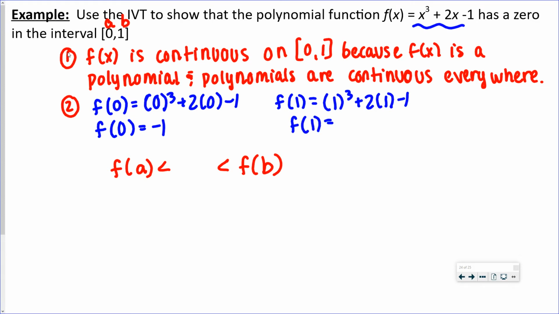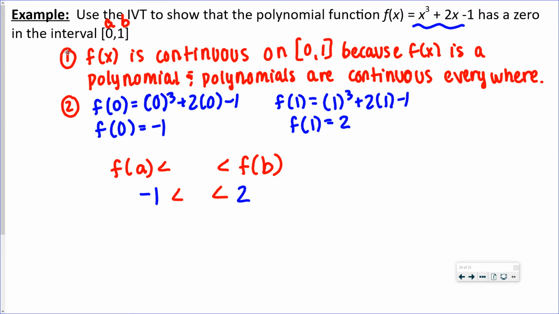There, we get 1 plus 2 minus 1, we get 2. Okay, so this will help you set it up here. f of a, my one endpoint, was negative 1. f of b was 2.